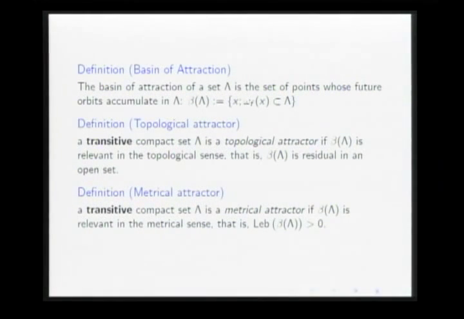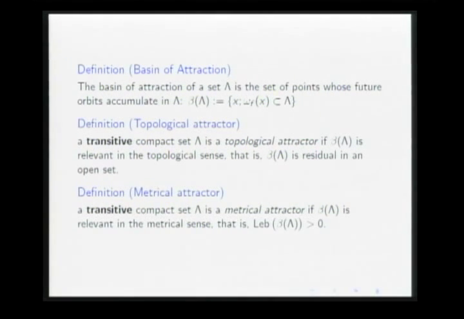So we are going to speak about attractors, in which context we have the definition of attractor in Milnor's sense. The basin of an attractor of a set is the set of points whose future orbits accumulate in it, like this. When we define the basin of an attractor of something, we can look for a basin that is relevant in a topological sense.